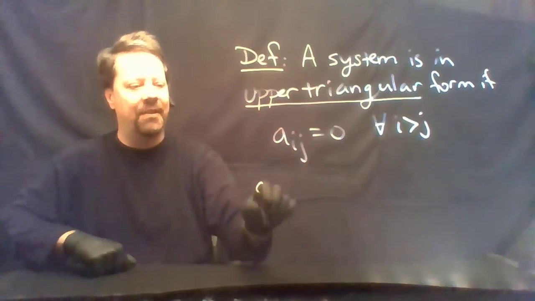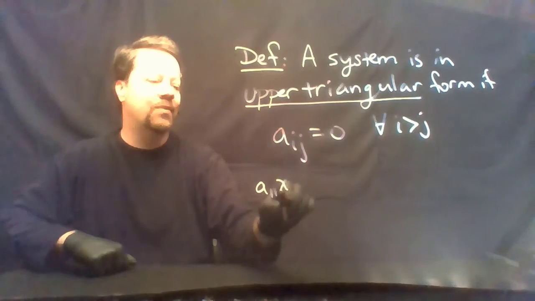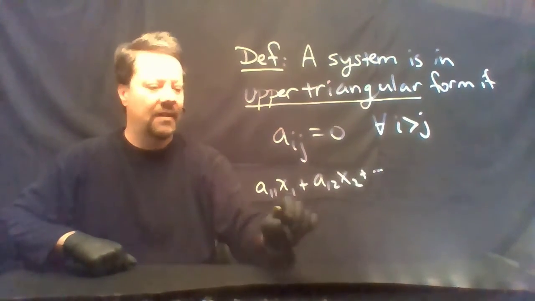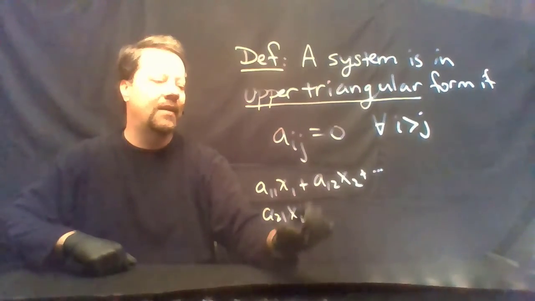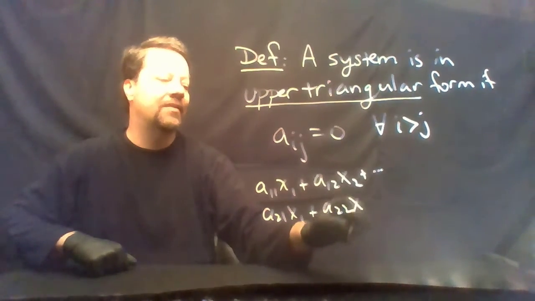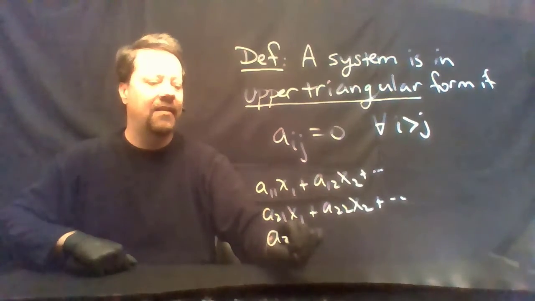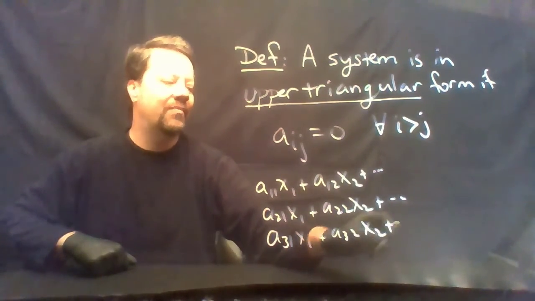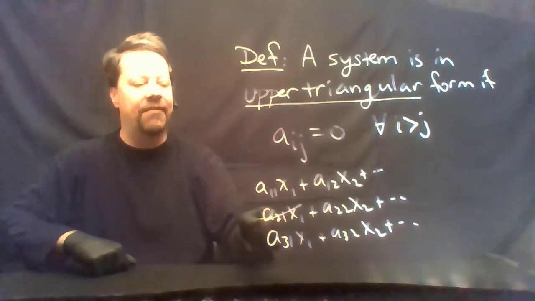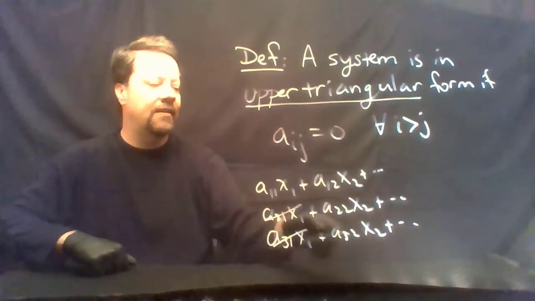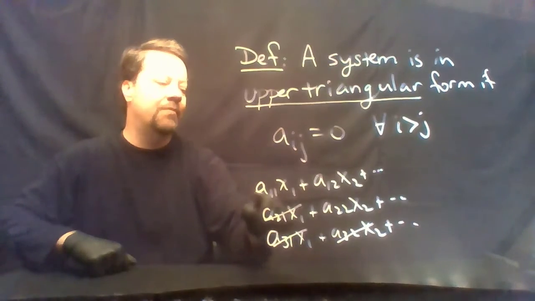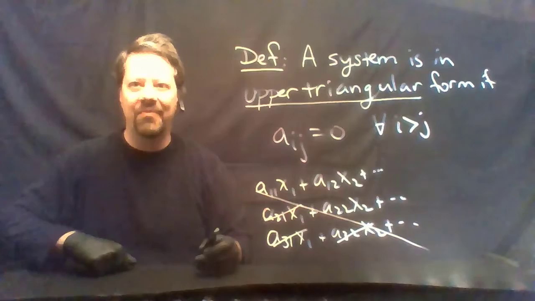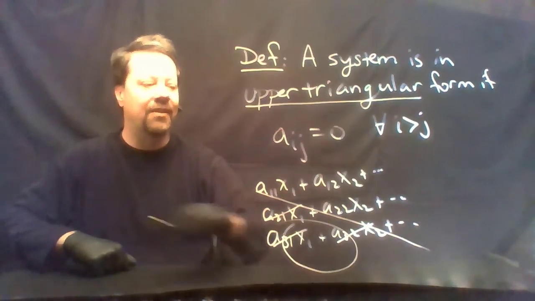So for example, if I have A11x1 plus A12x2, and then A21x1 plus A22x2, and A31x1 plus A32x2 and so on, this would have to be 0 and these would have to be 0. Everything below the main diagonal will be 0. We'll just put a big fat 0 under the main diagonal.